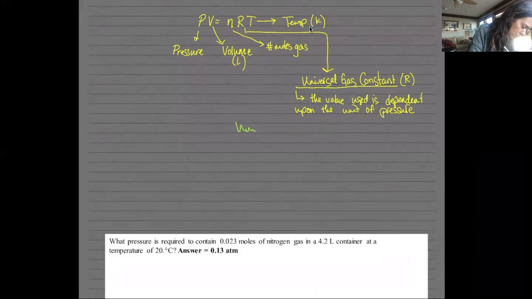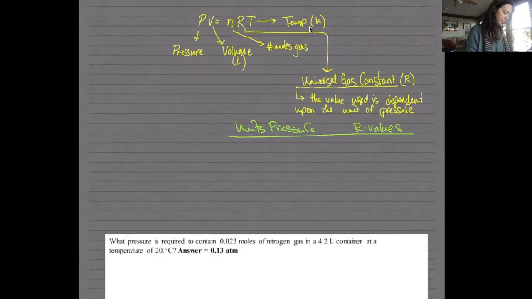Let's write units of pressure, and then R values. It means if your pressure is measured in atmospheres, or if you want to solve for a pressure in atmospheres, your R value needs to be 0.08206. And look at the units, that is liters atmospheres per mole Kelvin. All of those units follow that number.